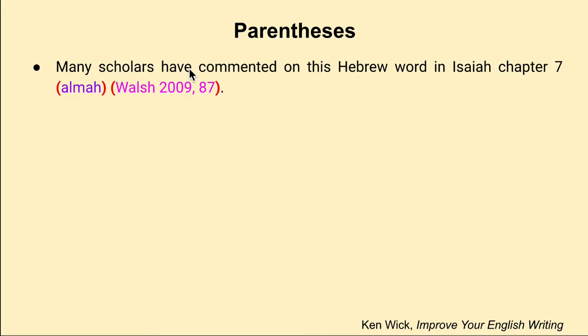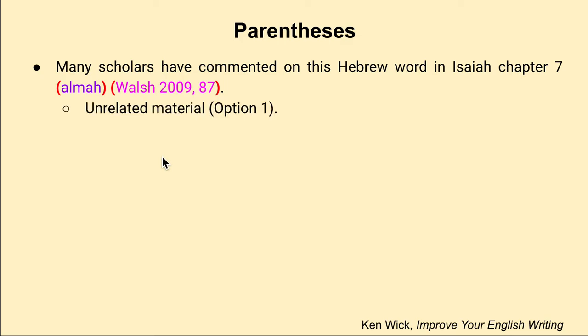Many scholars have commented on this Hebrew word in Isaiah chapter 7. This Hebrew word here, and then this reference. So effectively, you have unrelated information, right? So you could do this situation here, where you have back-to-back parentheses with one piece of information in one and one in the other.